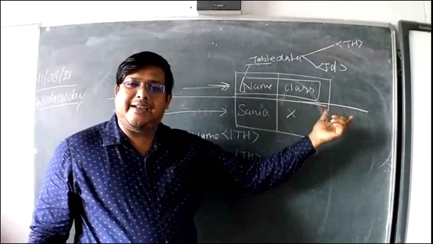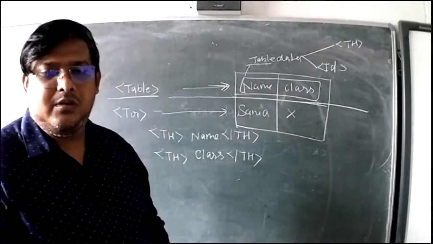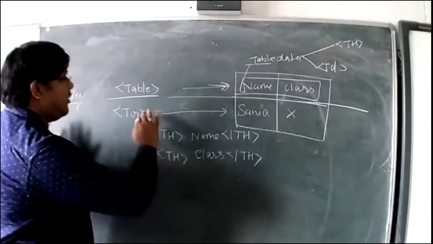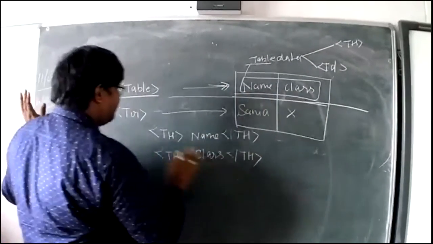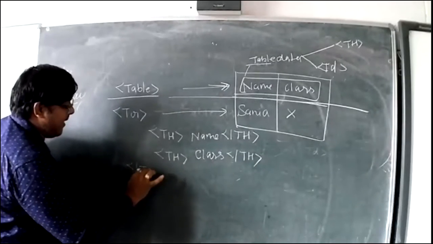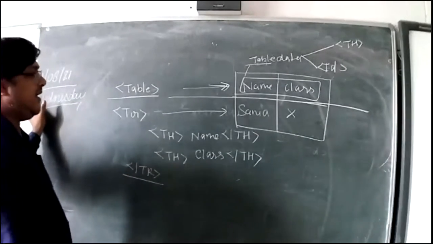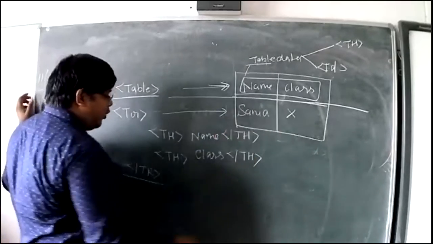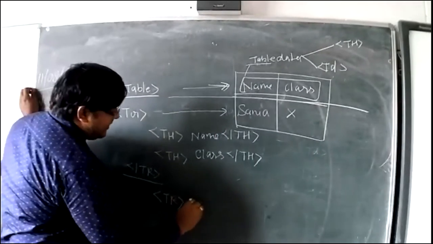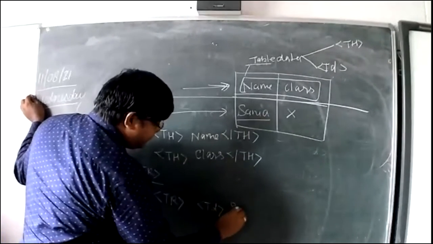Then I will close the tr and then open tr again. So this row represents name and class, and this row's work is over. So I tell the compiler I have completed the first row. Then again we have to display the second row. So again I will use tr here, and then inside that td, and I will display Sania here.